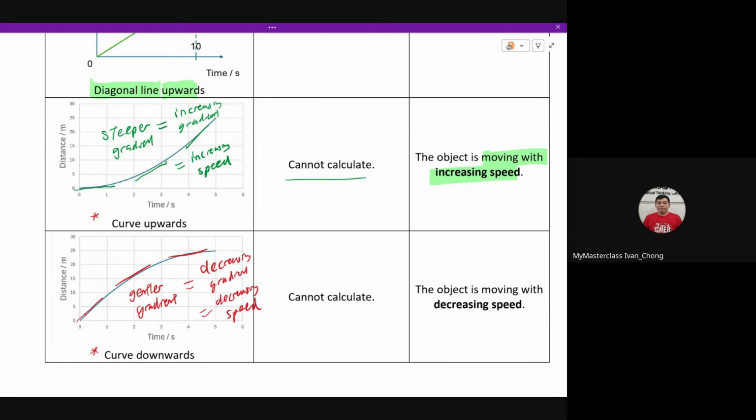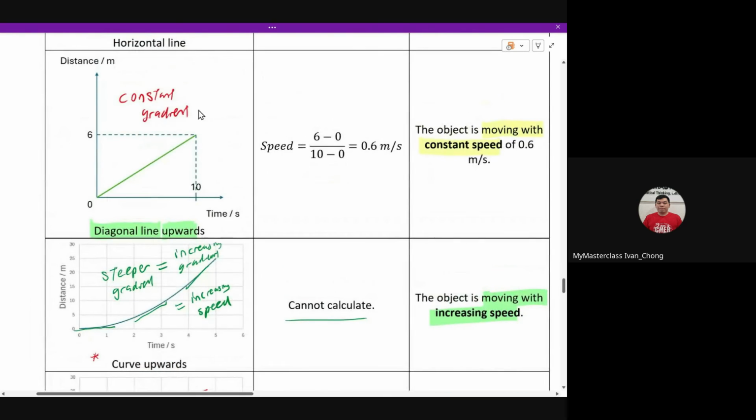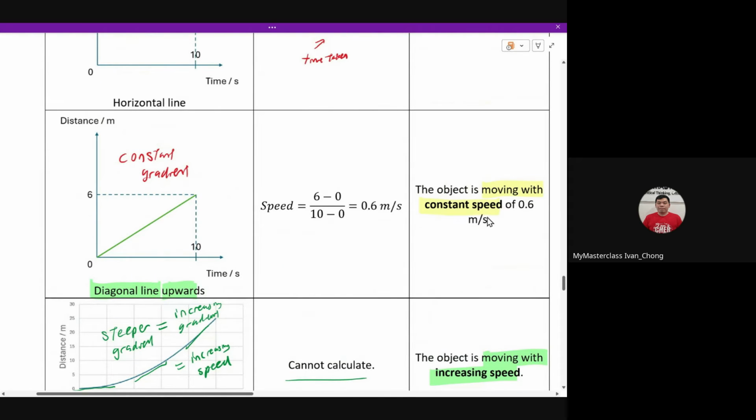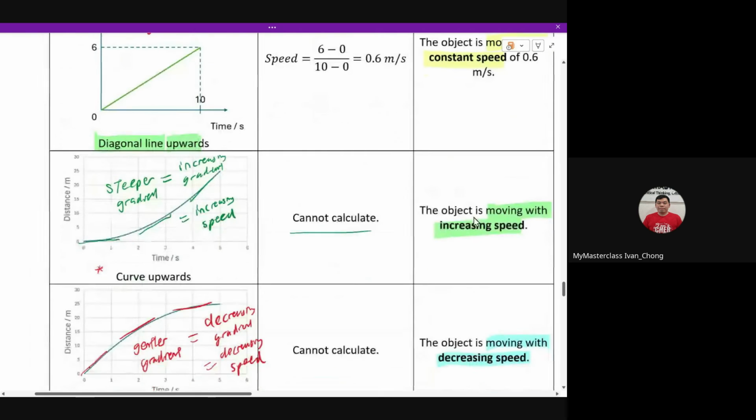So I would say I'm moving with decreasing speed. Whenever you see a curve, your speed is either increasing or decreasing: you are speeding up or slowing down. But if you see a straight line, it just means constant something. In this case, constant gradient, constant speed.